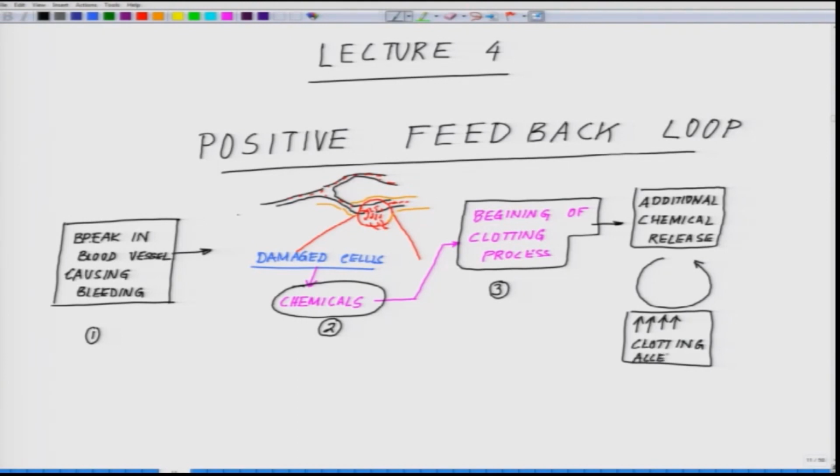Clotting accelerates, and eventually this leads to the final goal, blood clot plug, which seals the break in the vessel wall, and the bleeding stops. And what is happening in this process is a positive feedback.